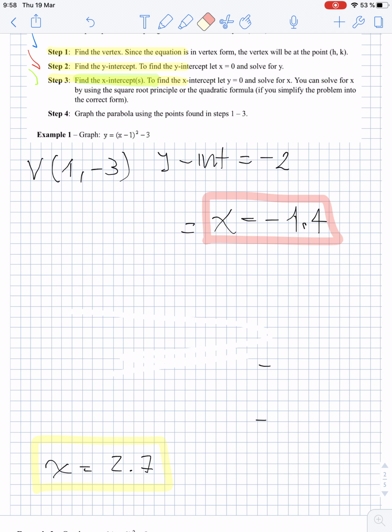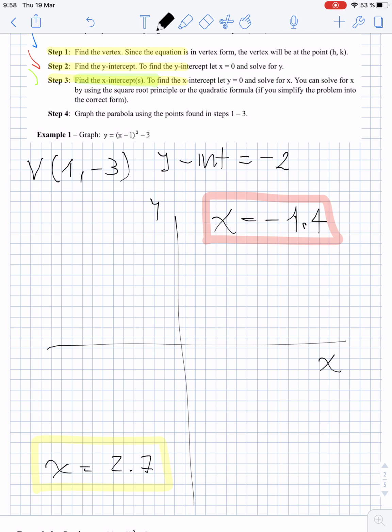Now I'm going to graph the curve. We will have a coordinate plane, x and y. First, you need to plot the y-intercept, that is -2. Then the vertex, that is 1, -3.